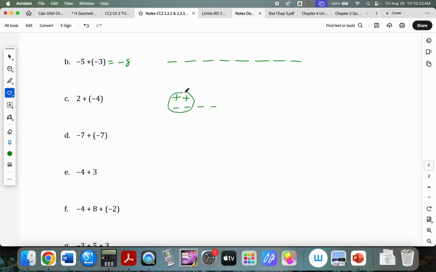These are going to zero out, and I'm left with 2 negatives, so that's -2. Here I have 7 negatives, and then another 7 negatives. Were there enough in your bag to do that? No. But this is -14.